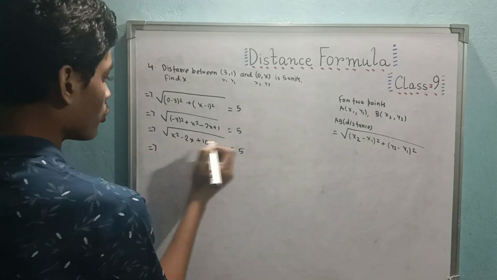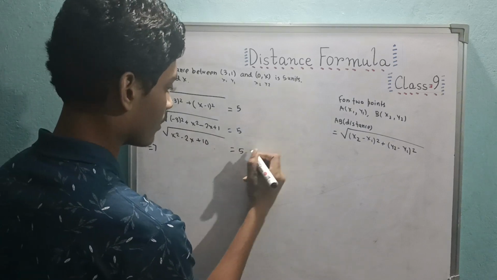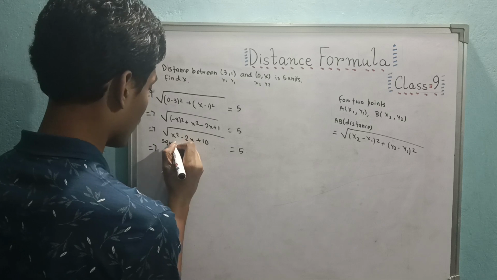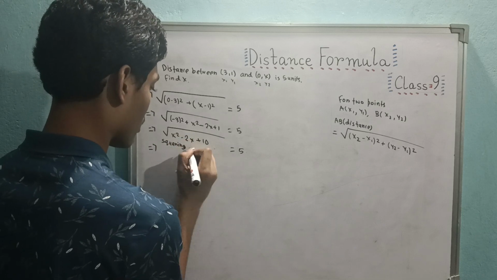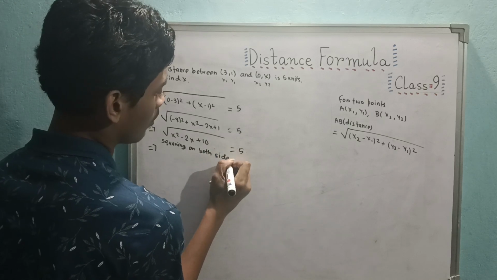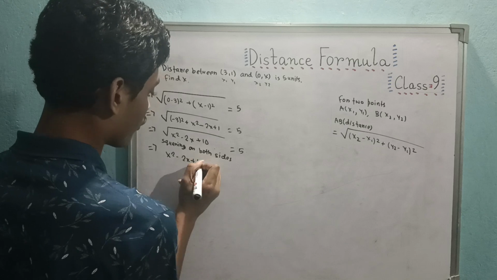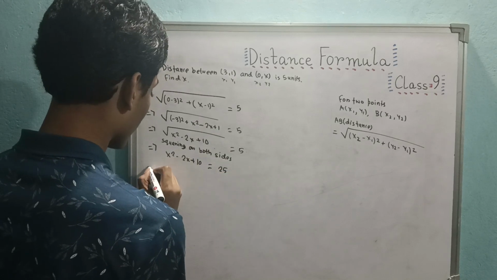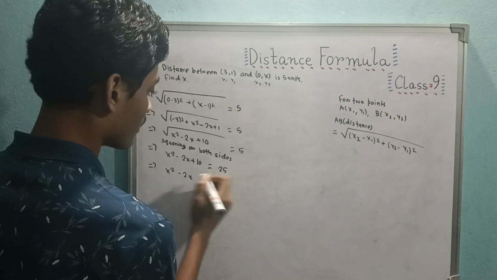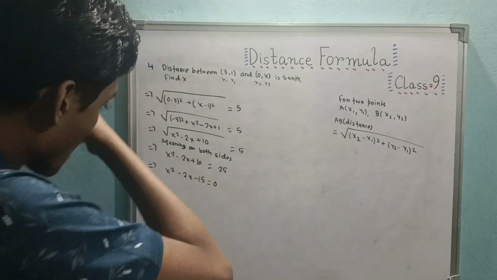Then if you square both sides, this root will get out of the way, so squaring both sides. Then just remove the root and write the expression, and 5 square, you know, is 25. So x square minus 2x plus 10 minus 25, means minus 15, equal to 0.